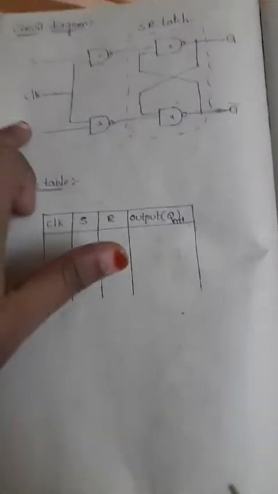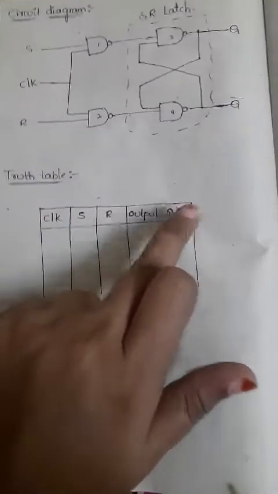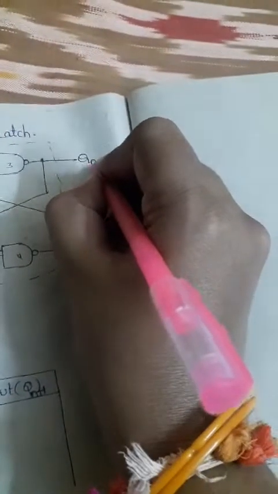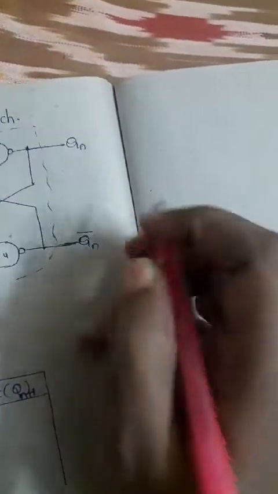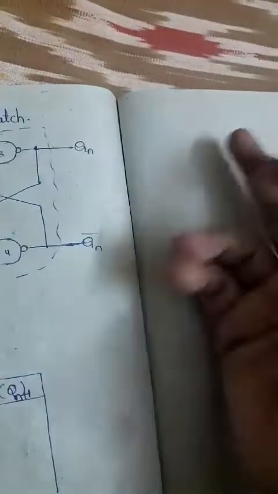So now we'll see here the inputs are clock, S and R, and the output will be Q. Here I am considering the output to be the next state output. Q is our present state output, so the next state is nothing but Qn plus 1, that is, n of next state is n plus 1.